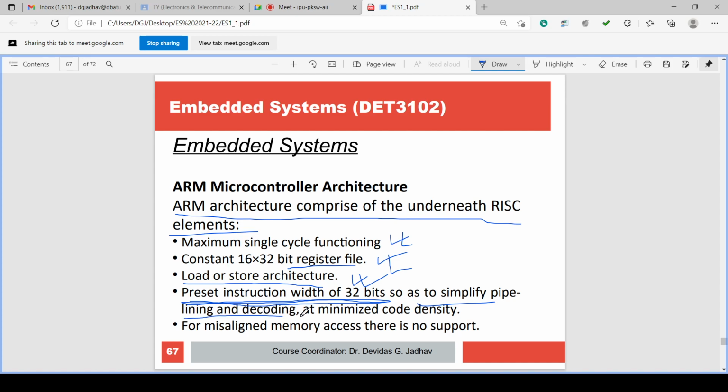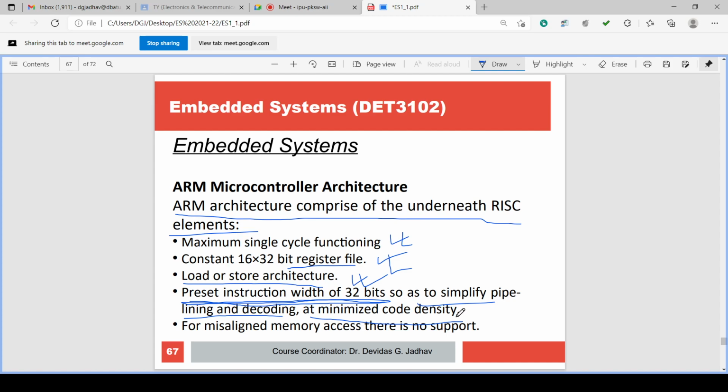pipelining and decoding at minimum code density. Pipelining is a concept of processors, computers. In this case, the instruction width is 32 bit, so as to simplify the pipeline and decoding. Pipeline is one type of process, and decoding of the program.